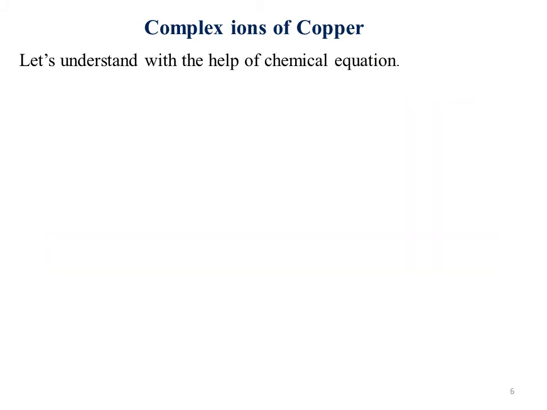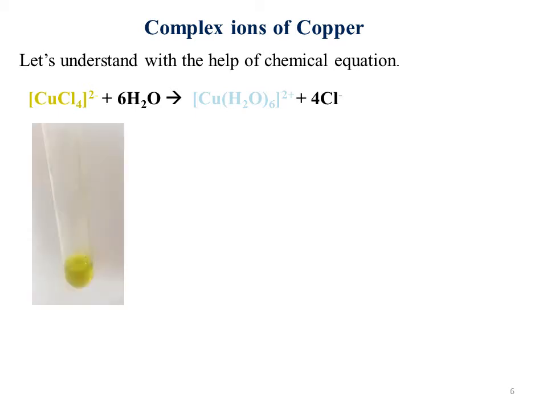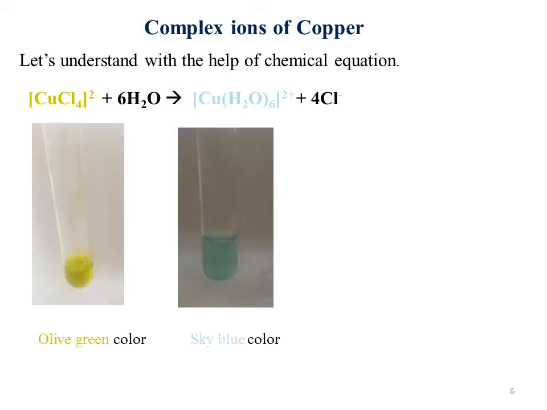Now let's understand the reaction with the help of the chemical equation. Tetrachlorocuprate 2 ion, when reacted with water, produced the hexaaquacopper 2 complex. The olive green color turned to the sky blue colored complex.